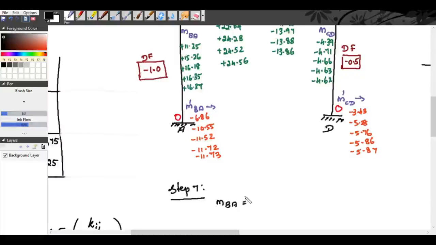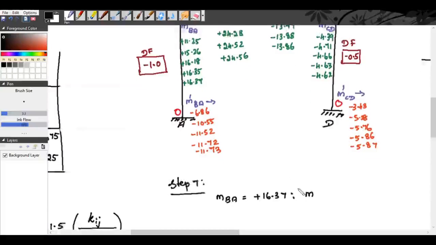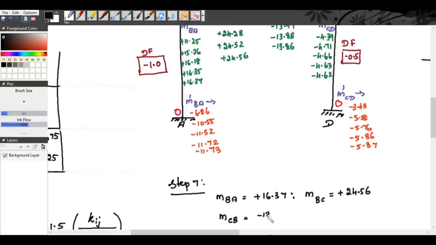MBA is the last value you have obtained at the last iteration, that is plus 16.37. MBC is plus 24.56. MCB is minus 13.86. MCD is minus 4.62.